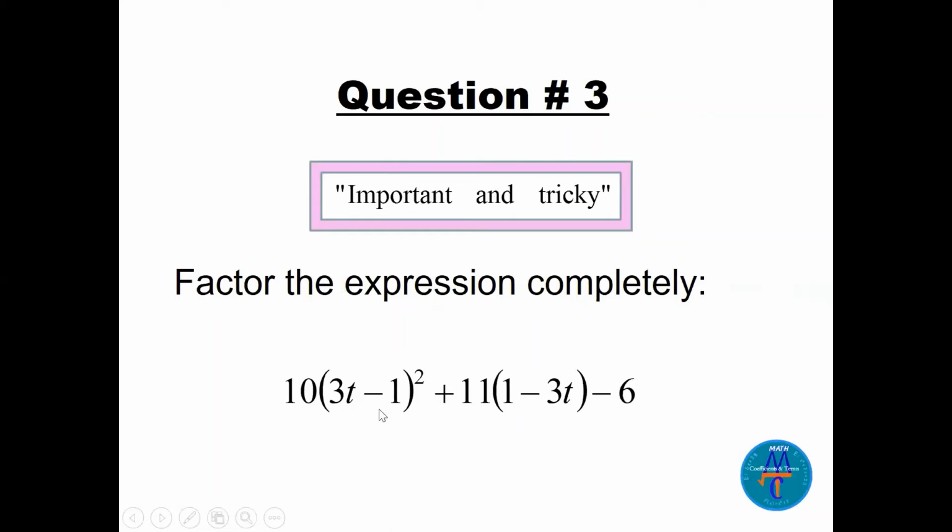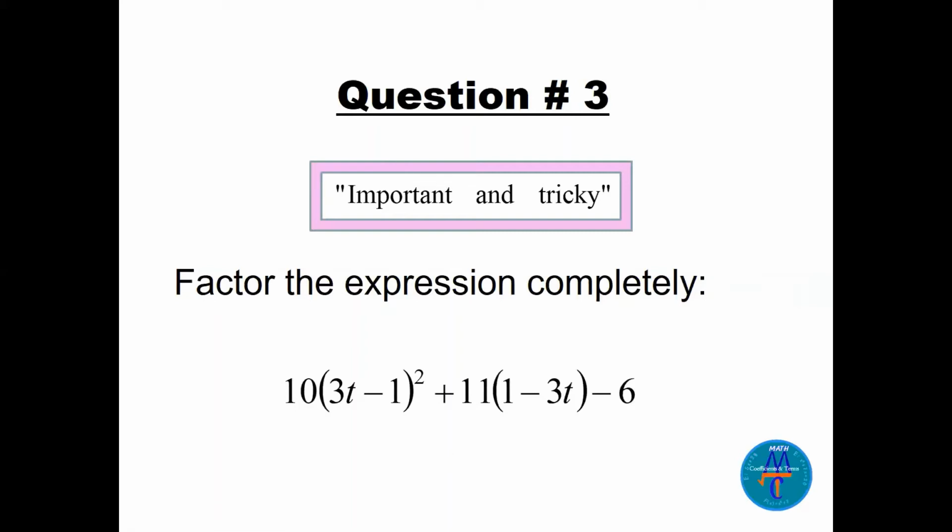Now, where do we start? Just by looking here, 3t minus 1, 1 minus 3t, you can feel these are not the same, so we have to do something. There is more than one trick actually in this question. You want to pause the video, please, if you would like to try to factor, or directly you can go to the solution. It's up to you.